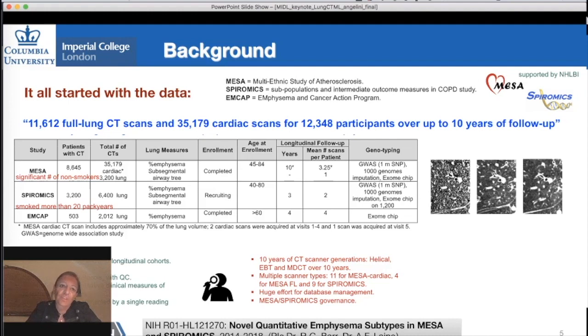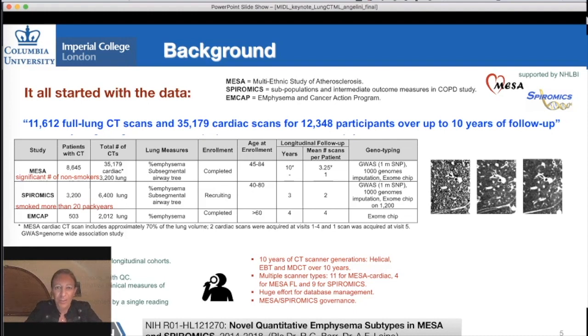So this project all started with the data, and basically clinicians at Columbia University coming to us and seeing if we would be interested in collaborating and working on emphysema subtyping, given the very large cohorts they had access to as being one of the screening centers for the acquisition of those images.